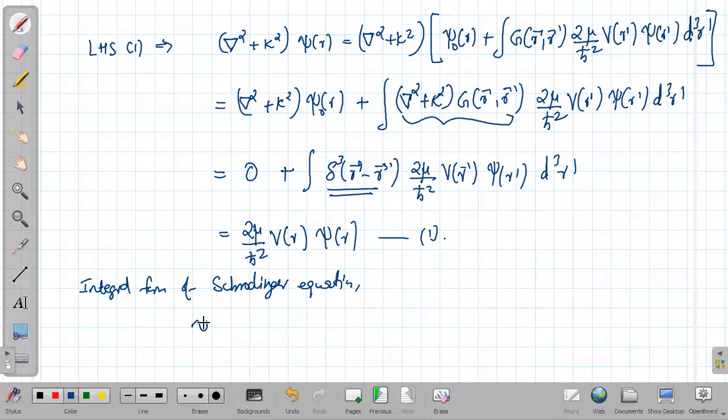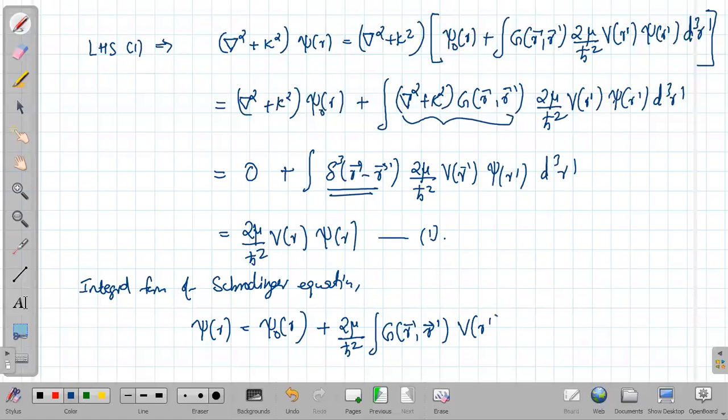This can be written as psi of r equals psi 0 of r plus 2 mu by h bar square integral g of r comma r prime v of r prime psi of r prime d cube r prime.